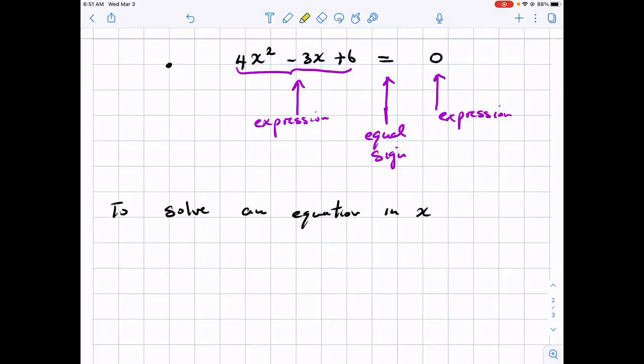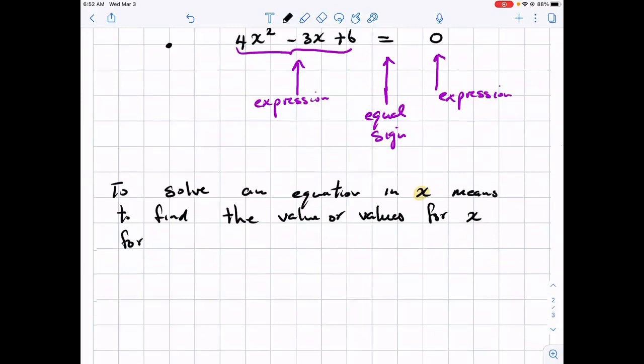Once again, the variable we're talking about is X.